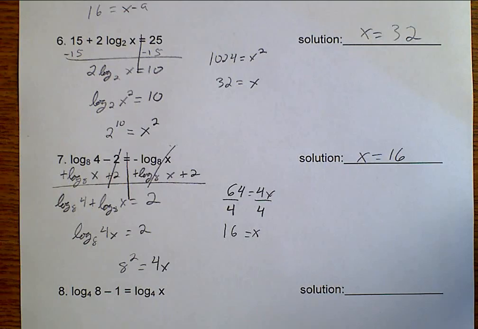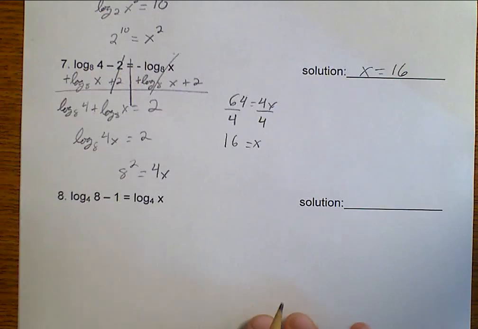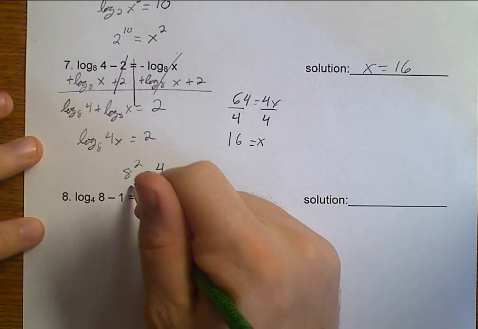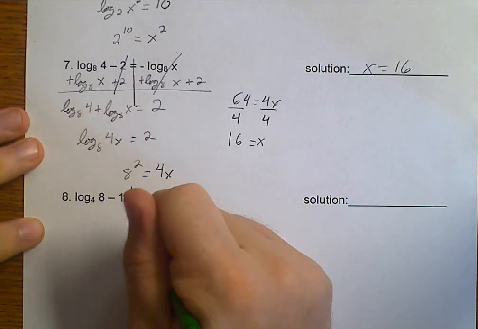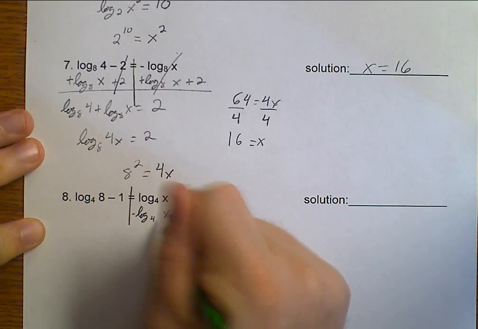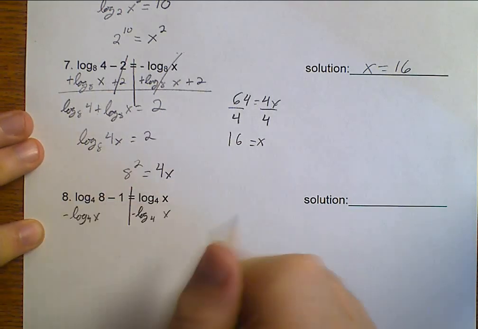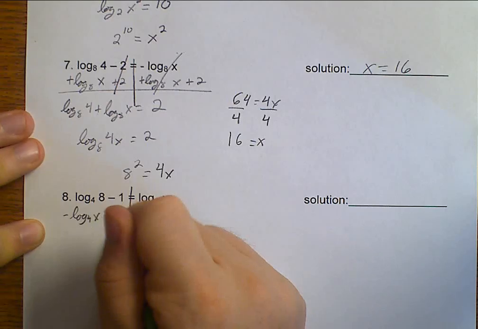And now for our last example, again we want to move our logs to one side, our regular numbers to the other. So I'm going to subtract log base 4 of x and add 1.